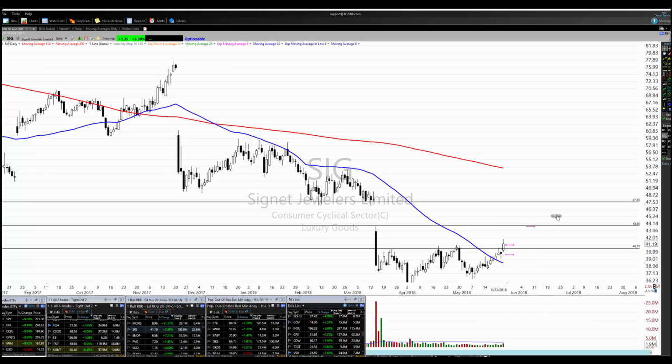So let's say that we're buying at 41 and stopping at, what did I say, 39.60, 43.75, maybe 43.80 even. And then 47.60. Will that work?